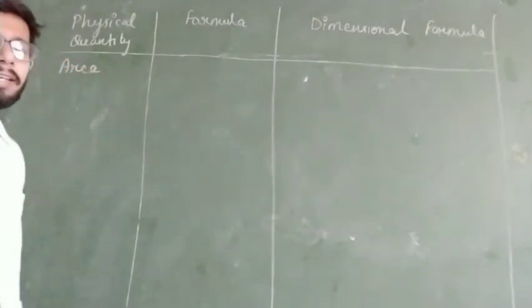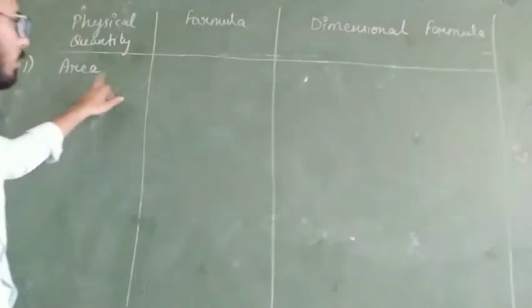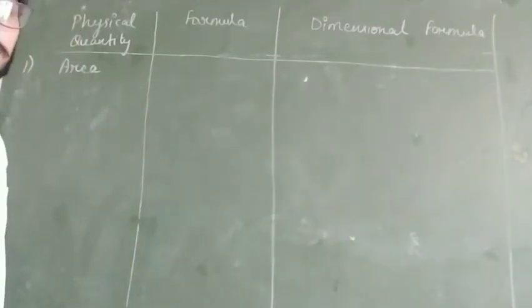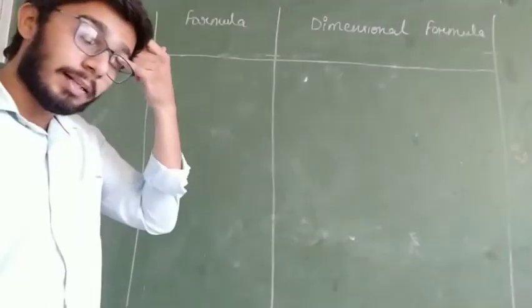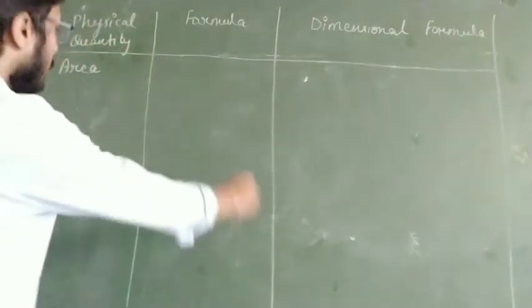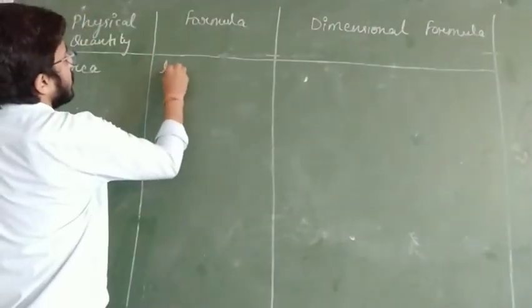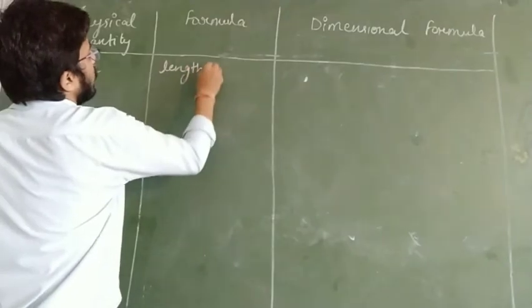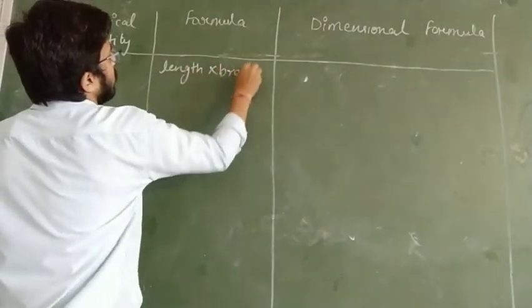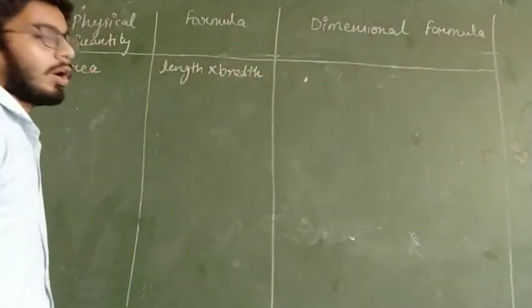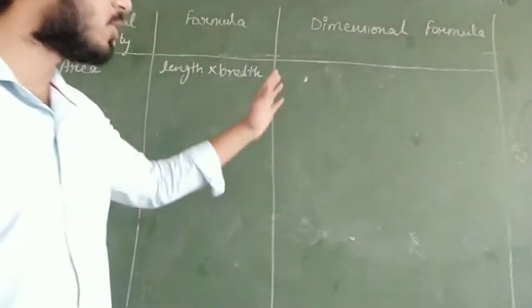What is the formula of area? The area of a two-dimensional figure is length into breadth. So how are we going to make its dimensional formula?